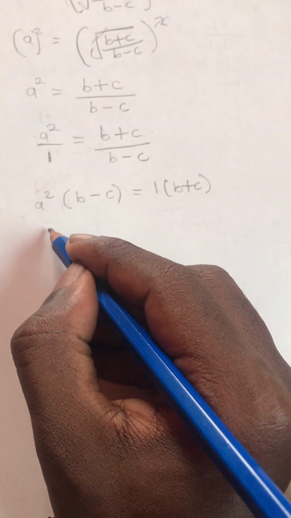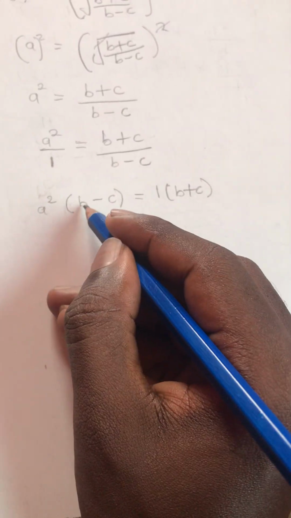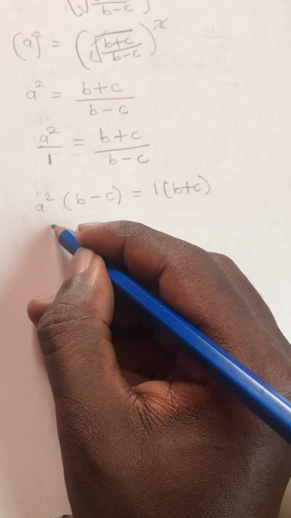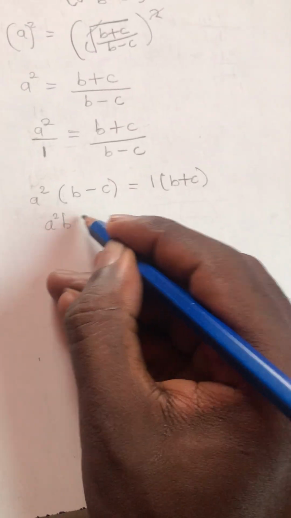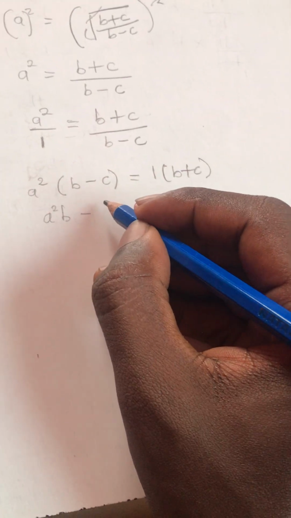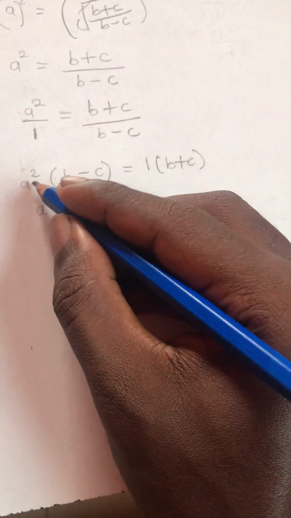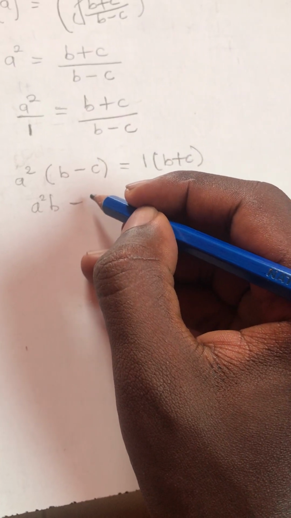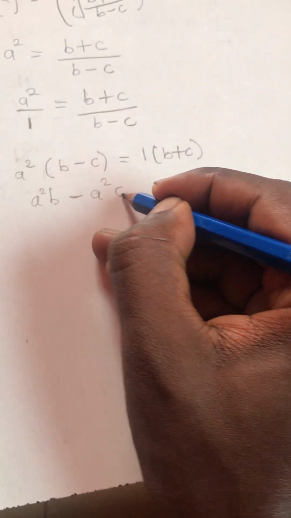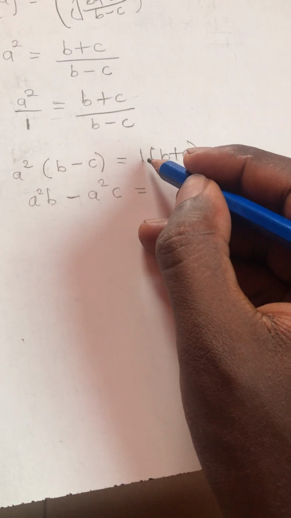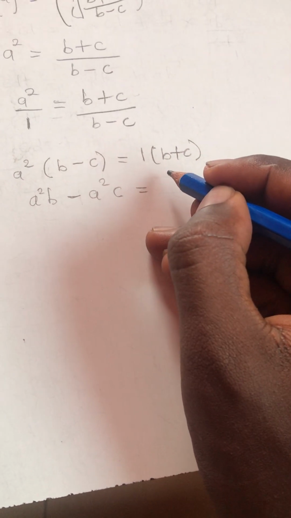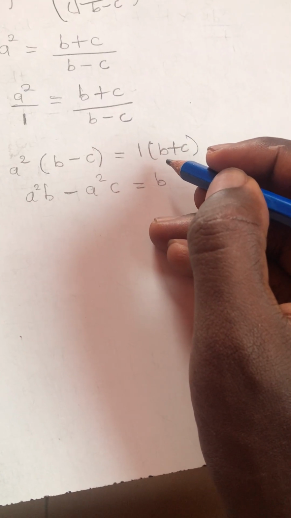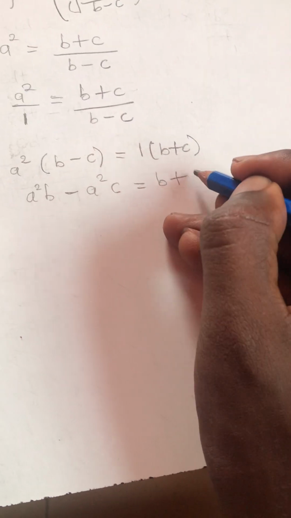So from here we expand. a squared multiplying b will give us a squared b. Positive a squared multiplying negative c will give us negative a squared c, is equal to positive 1 multiplying b, which gives b, and positive 1 multiplying positive c, which gives positive c.